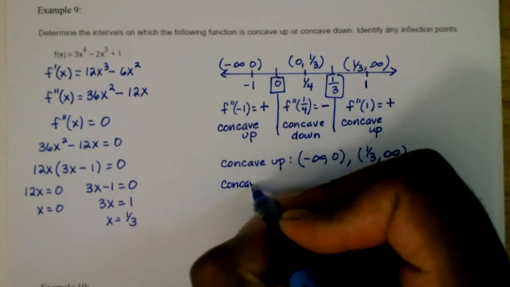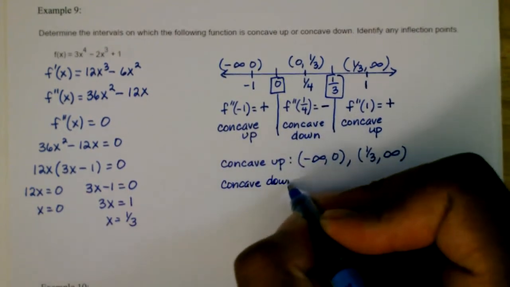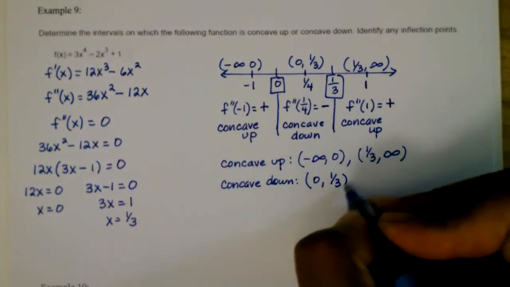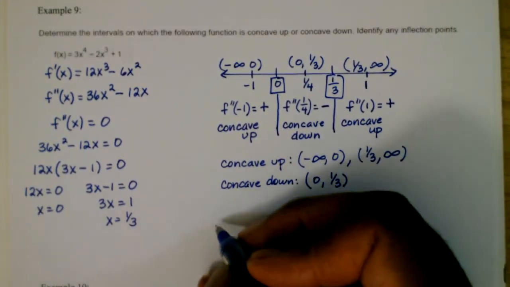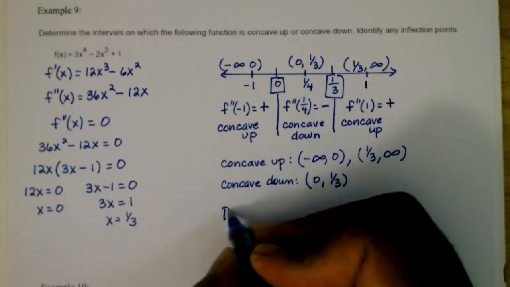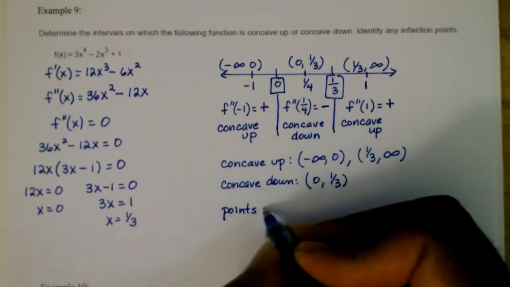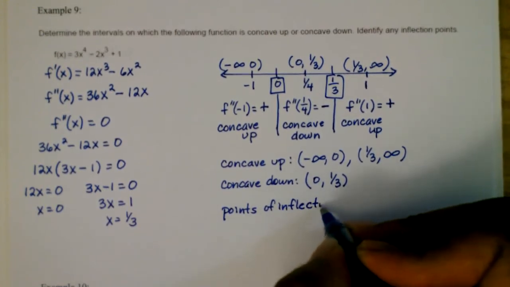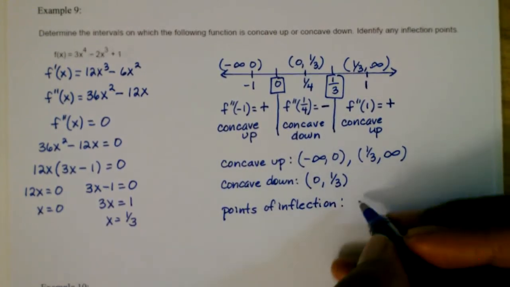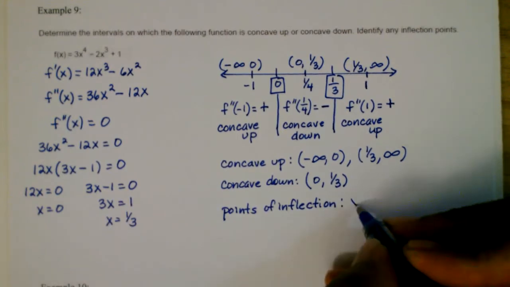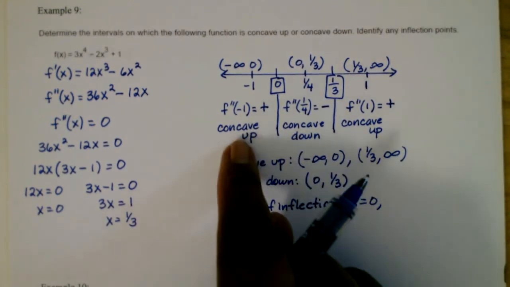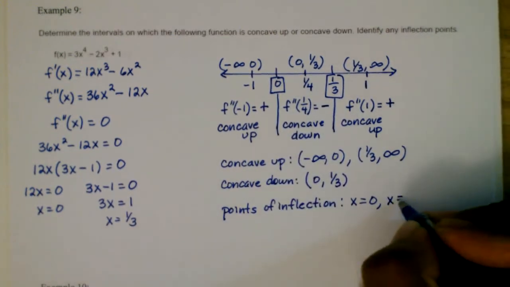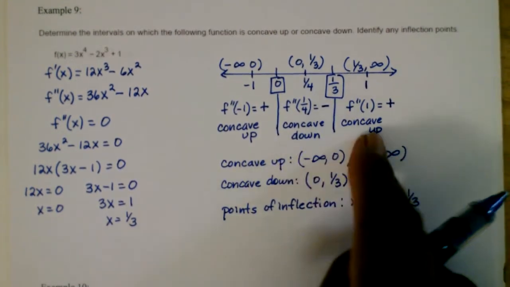And it was concave down only between 0 and 1/3. So the points 0 and 1/3, those two are the points of inflection, because at those two x values the concavity changed. At x equals 0, we went from concave up to concave down. And at x equals 1/3, we went from concave down to concave up.